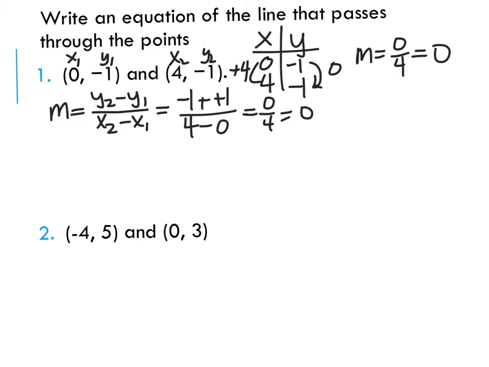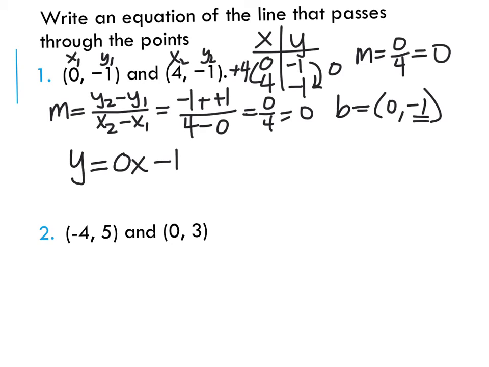This isn't going to happen in every problem, but for now, in this class, until we move on to algebra, we are going to be given the y-intercept. We just need to look for that 0 in the x spot. And since that is my y-intercept, b equals -1, I can quickly write my equation, y equals 0x, and then don't forget you just need the -1.